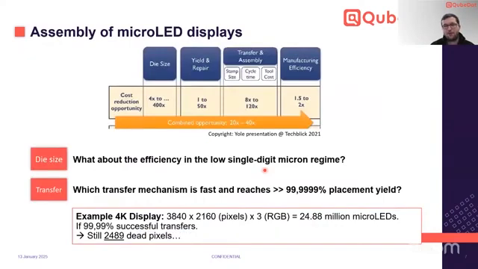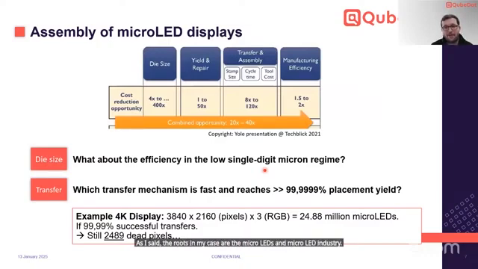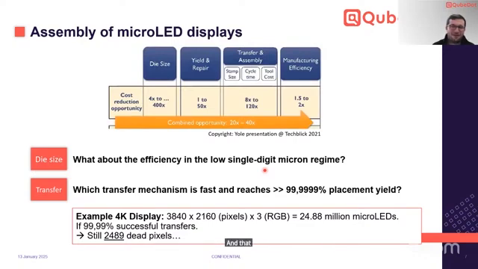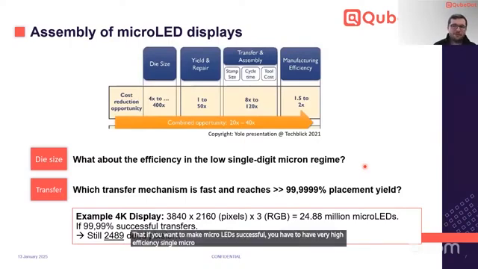As I said, the roots in my case are the micro-LEDs and micro-LED industry. On this slide, let us have a look at our general take on displays. For once, we do agree with the market research company Yole that if you want to make micro-LEDs successful, you have to have very high efficiency single micro-LEDs if the die size is shrunk to the low single-digit micron regime.